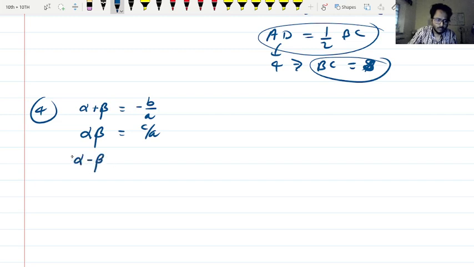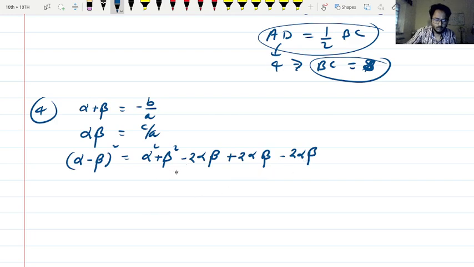We know that alpha minus beta whole square is alpha square plus beta square minus 2 alpha beta. If I add 2 alpha beta and subtract 2 alpha beta, there will not be any change in the equation values, meaning left side equals right side, still the same.